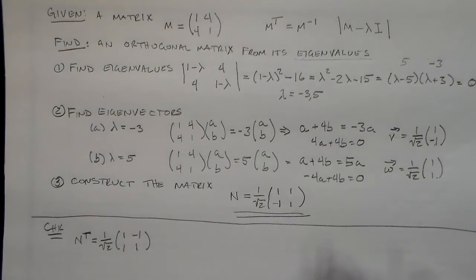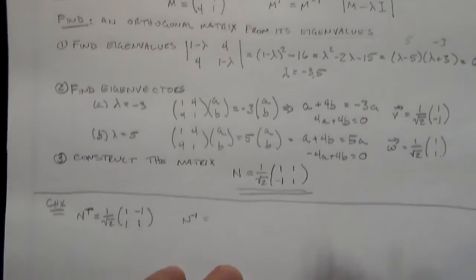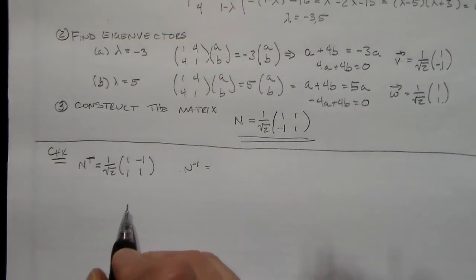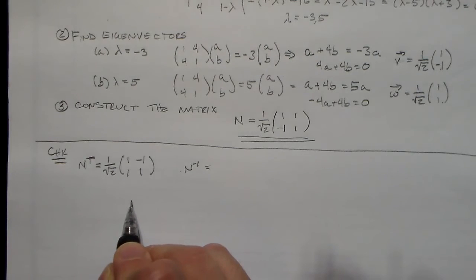So that's the transpose. And to find N to the minus 1, we'll have to use some sort of technique. I forgot the name of this method, so we'll just use the method that I can think of off the top of my head.